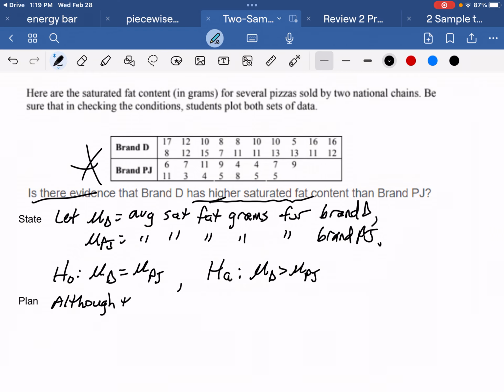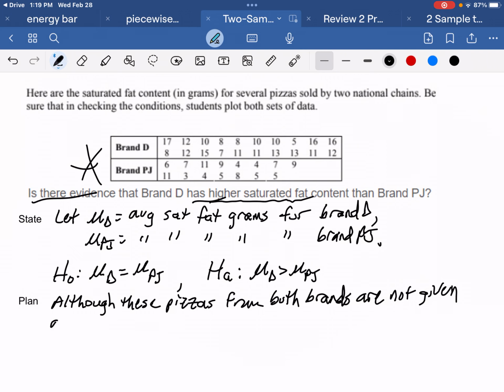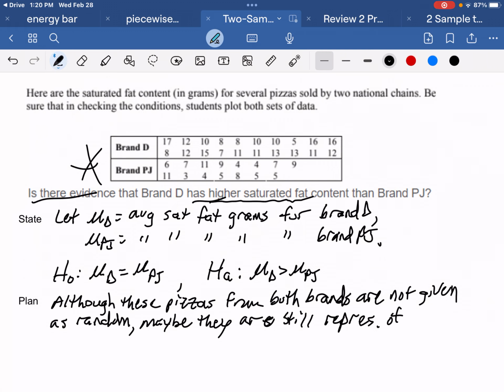Although these pizzas from both brands are not given as random, maybe they are still representative of each population. So we've identified that the random condition may not be there.